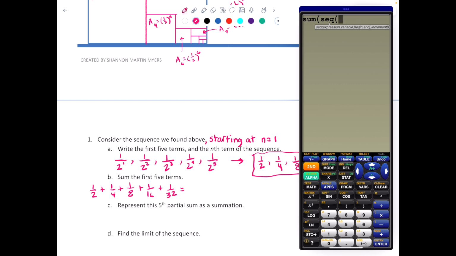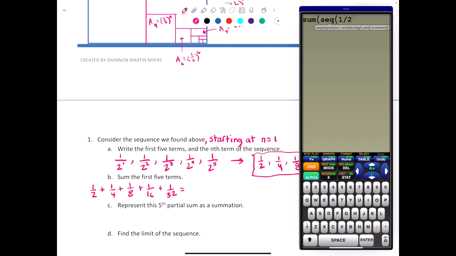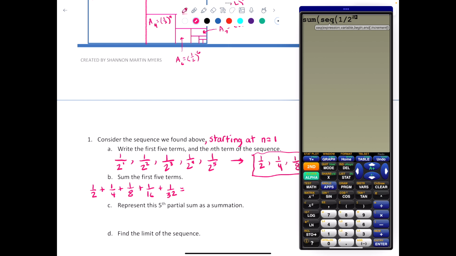Now we need to put what our sequence is, and so we'll put 1 divided by 2, raised to the, I'm just going to use a dummy variable here, K is a good one. And then we need to put what our variable is, with respect to the index of the sequence.